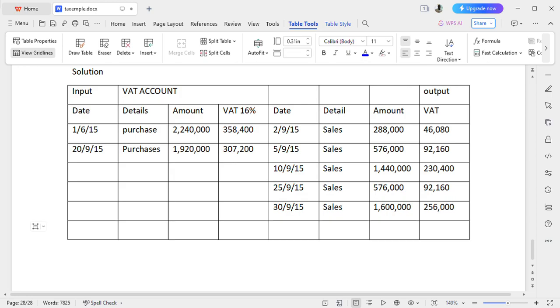We are done. Now we total for both sides, and then we see which side is more.